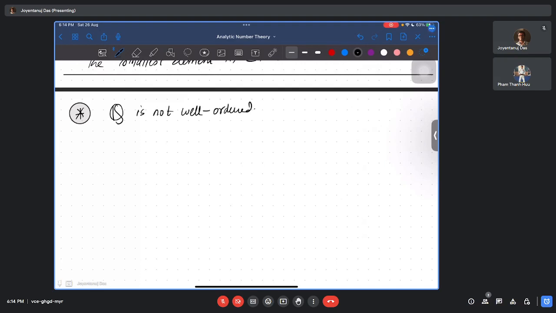Suppose x is the smallest element in Q. Then x minus 1 is also a rational number, since x is a rational number.